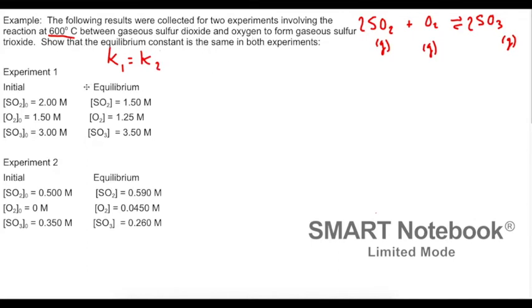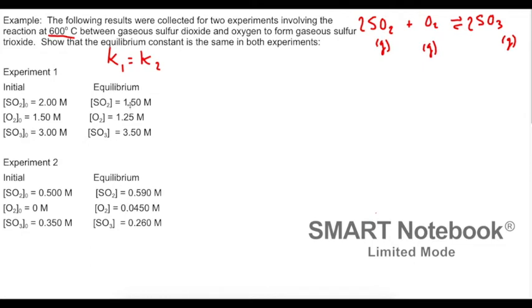Well, we can see that we start with some initial concentrations. We have a mixture of reactants and products that we begin with in our reaction vessel. We let the system react, we let it do its thing, forward reaction, reverse reaction will occur, and then the system reaches equilibrium.